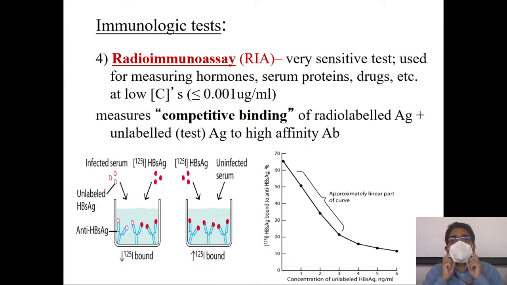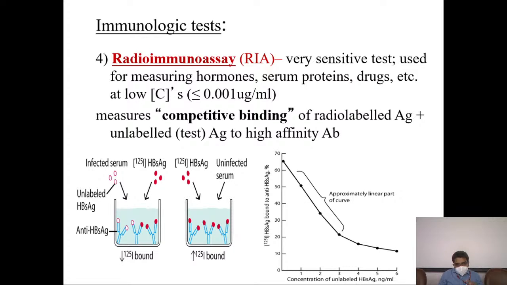If we come to an example, it's something like a competitive ELISA. Radioimmunoassay is a very sensitive test used for measuring hormones, serum proteins, and drugs at very low concentrations. It measures competitive binding of radio-labeled antigen against unlabeled antigen to the high-affinity antibodies. If we see the diagram, in the left picture, here is anti-HBs antigen.